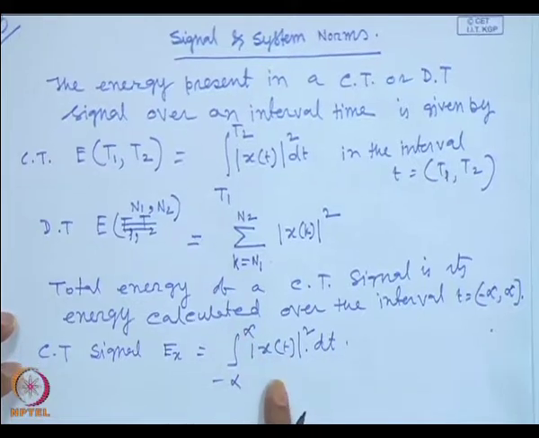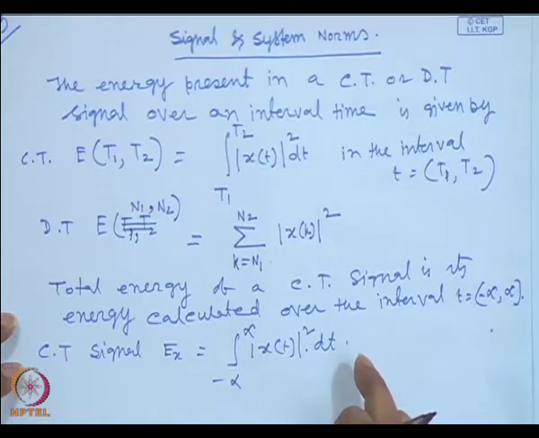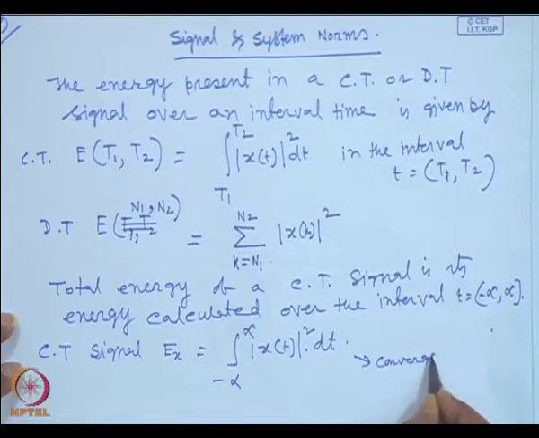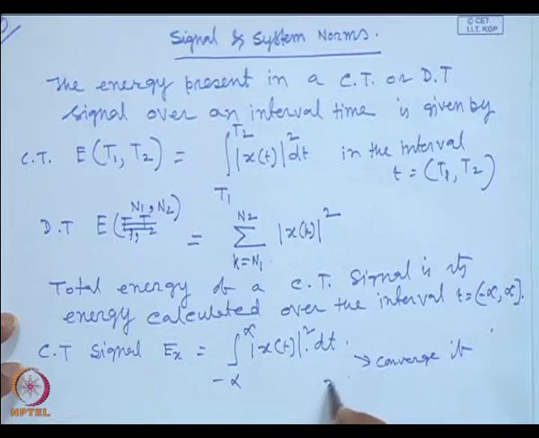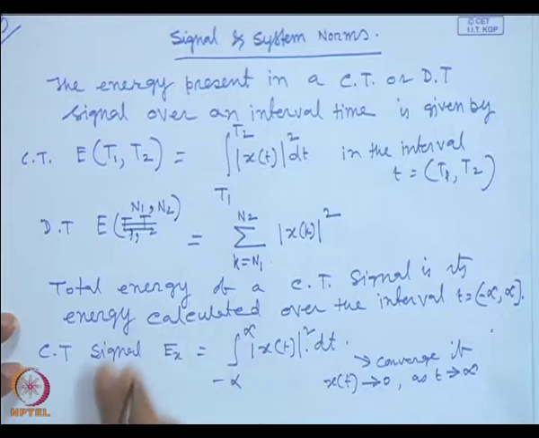So, this integration from minus infinity to infinity will be finite, provided that x tends to 0 when t tends to infinity. So, this will converge if x of t tends to 0 as t tends to infinity. So, this energy value will be finite if this condition is satisfied.